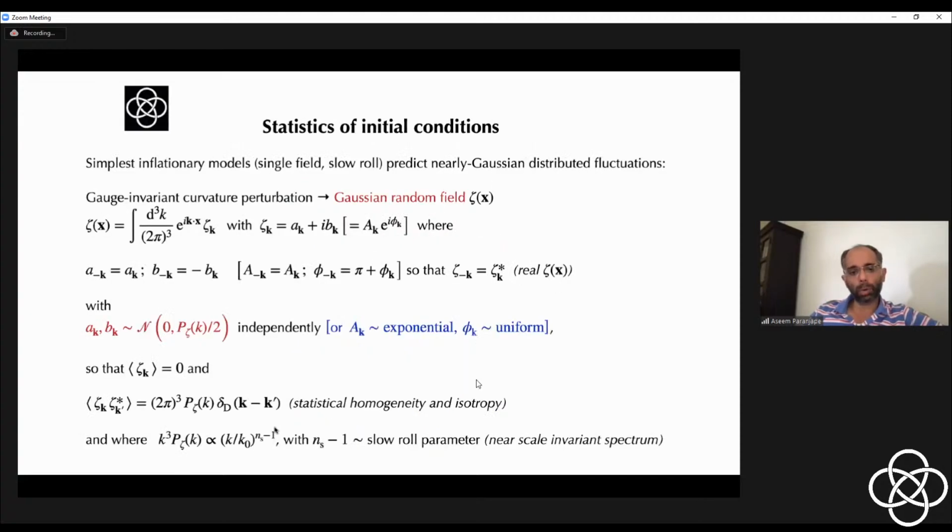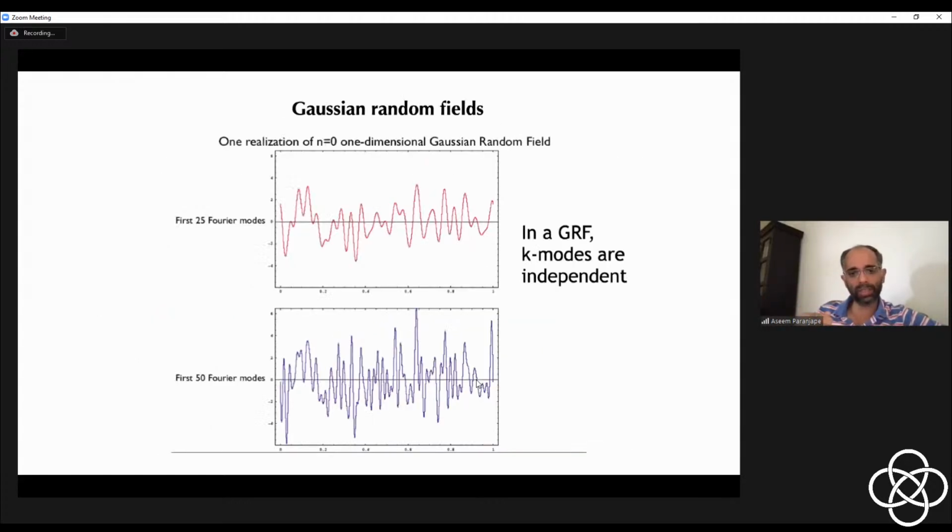See, all these Fourier modes are independent. Okay, because you can see there's a Dirac delta structure in their 2-point function. So if I set k not equal to k prime, the right hand side vanishes. Okay, so modes are independent of each other, and that means that I can add one mode at a time in order to construct a field.